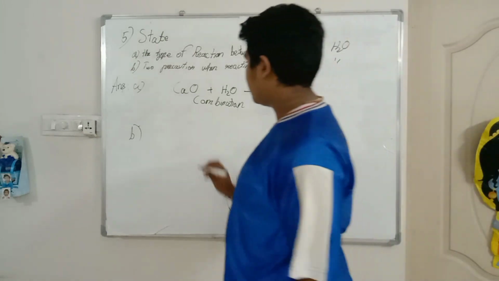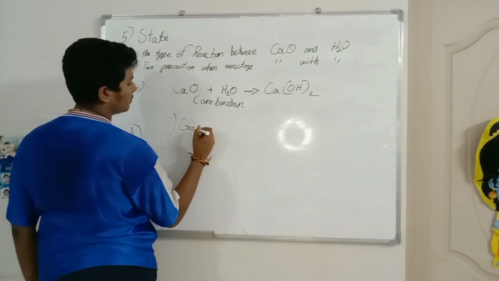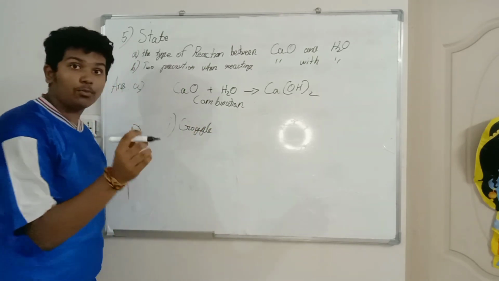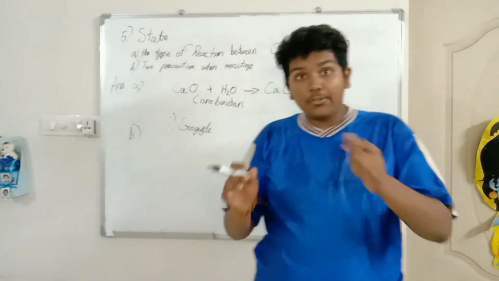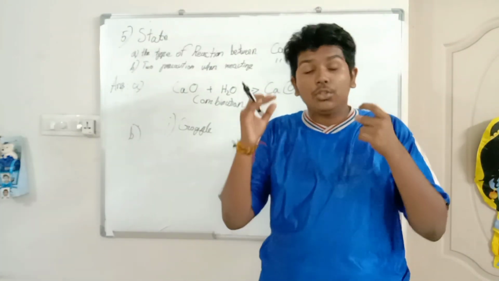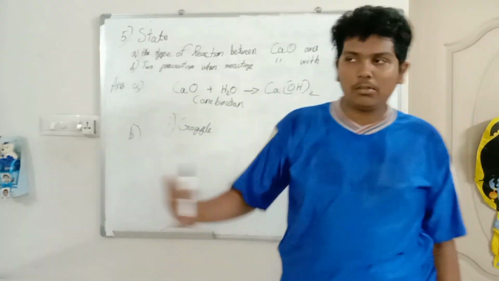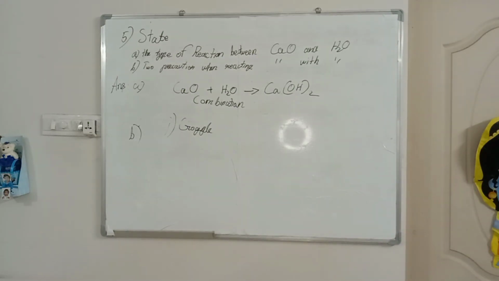So the first precaution is goggles. You have to wear them. Okay, you have to wear the goggles, because if you don't wear goggles, it might burn your eyes. So you have to wear goggles to protect your eyes.